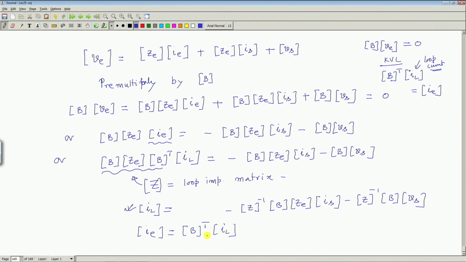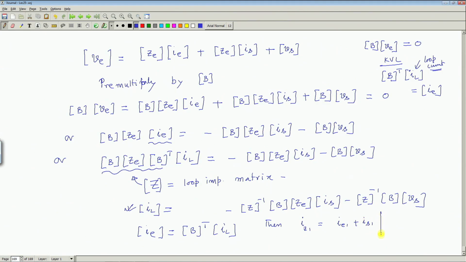So, that is what I am going to tell. If you have solved the loop current, then you have solved the circuit. What else? You calculate I E. After you calculate I E, add I S to get the actual impedance current. The current through the current source is already known. Finally, if you ask what is I Z 1, it is equal to I E 1 plus I S 1.